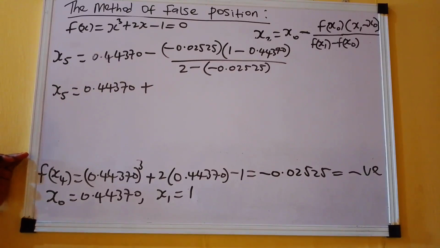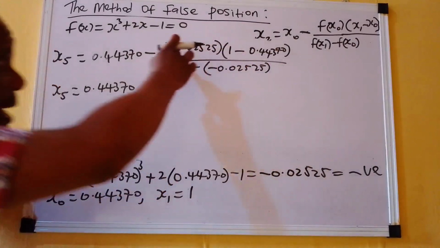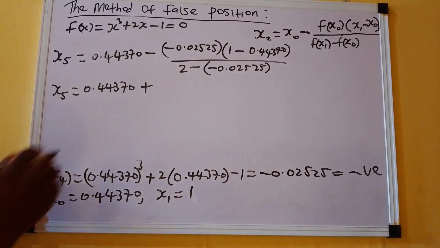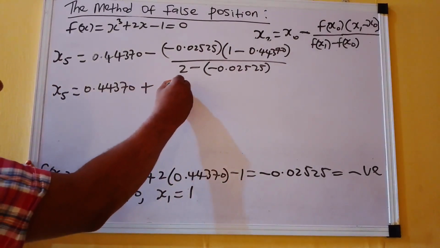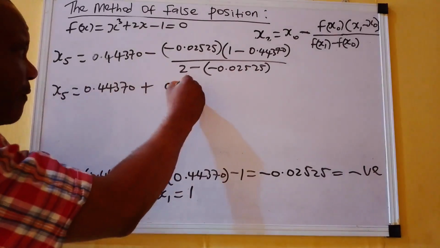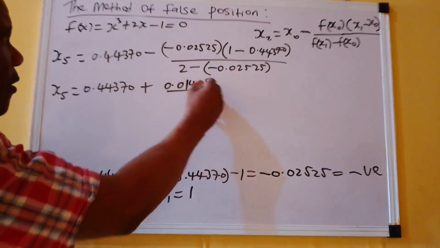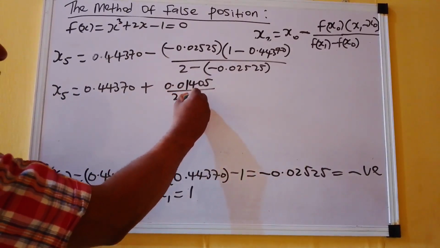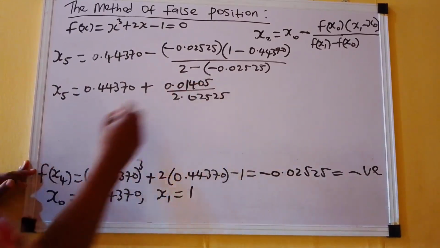So by the time we subtract this from 1 and multiply it by that, we are going to have 0.01405 all over 2 into minus minus will be 2.02525.